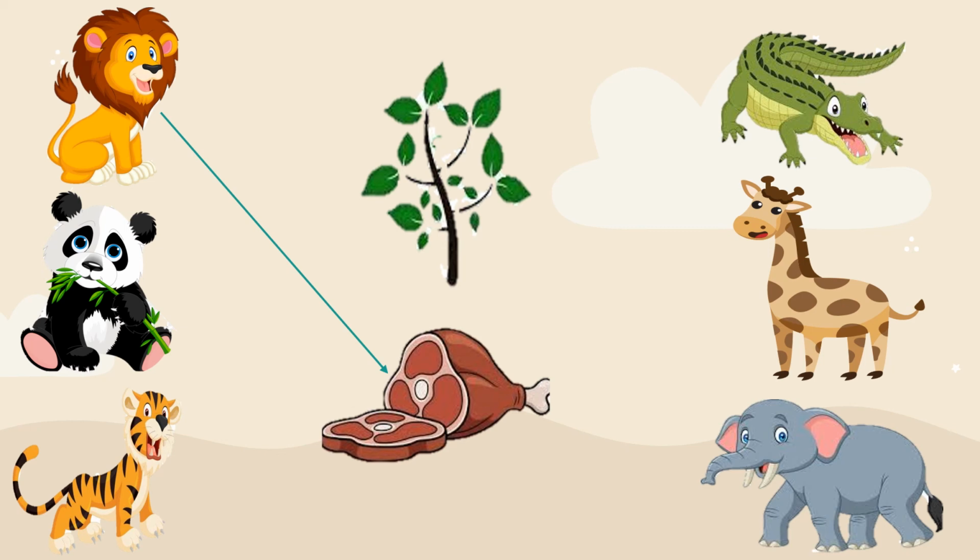Number 2, panda. What does panda eat? Clever boys, it eats plants. Number 3, tiger. What does tiger eat? It eats meat.